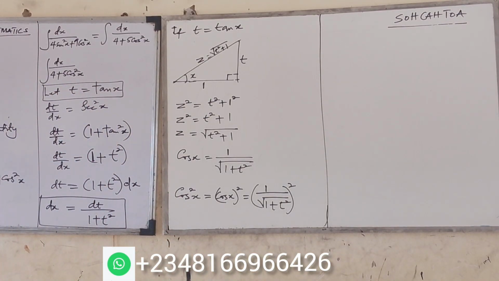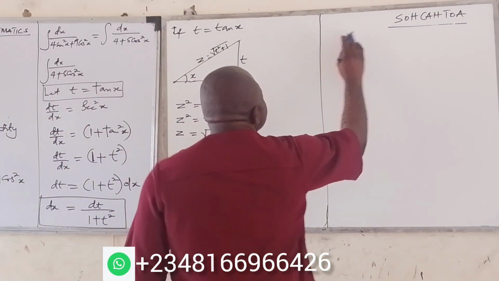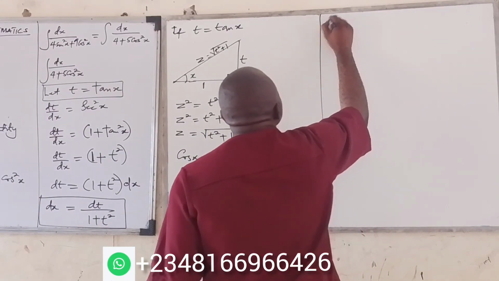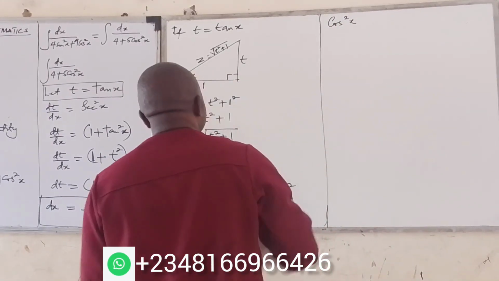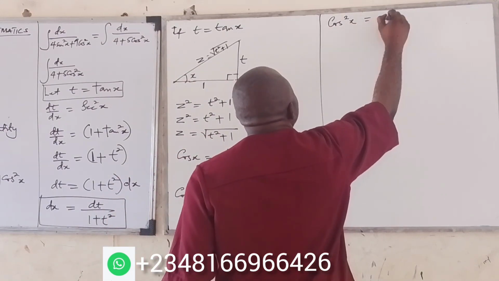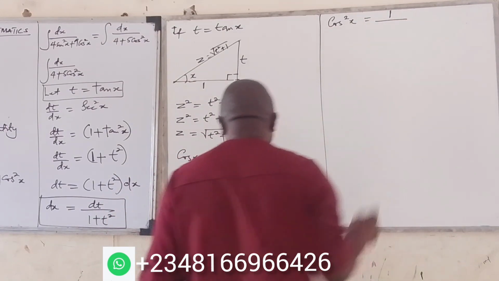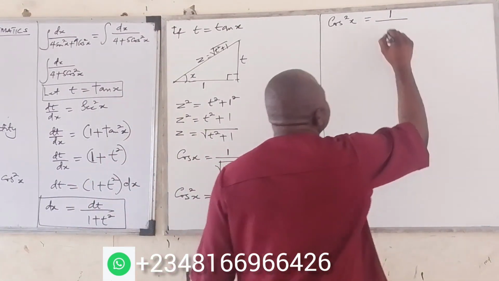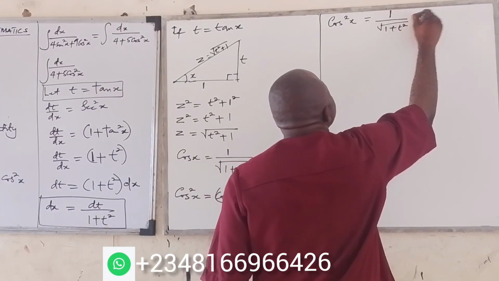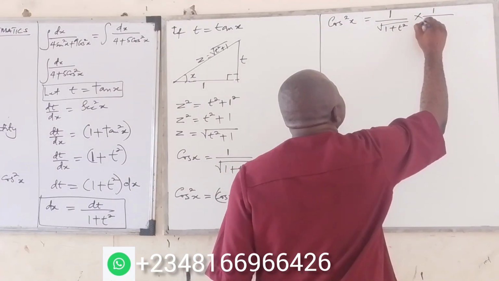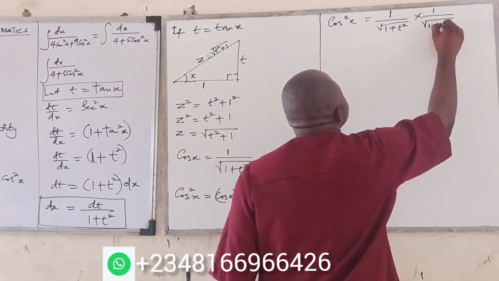So cos square x will be equal to 1 all over the square root of 1 plus t square times 1 all over the square root of 1 plus t square.